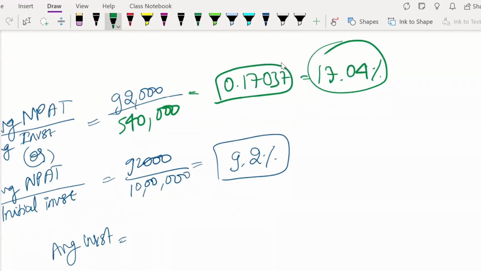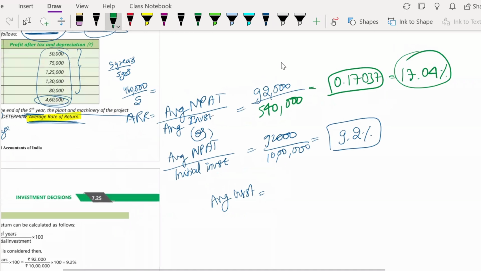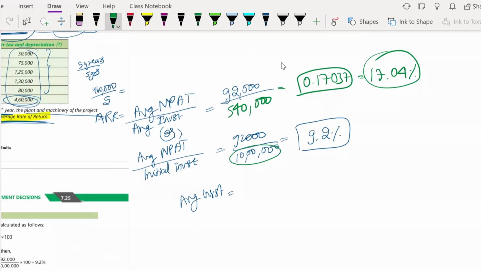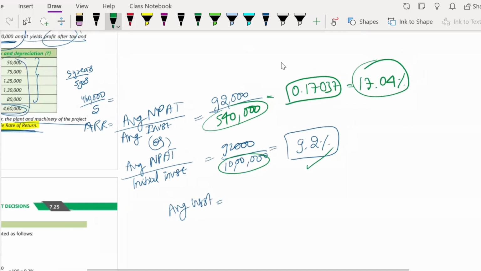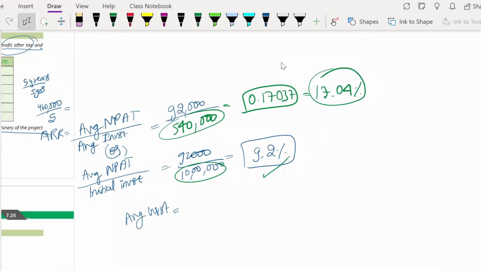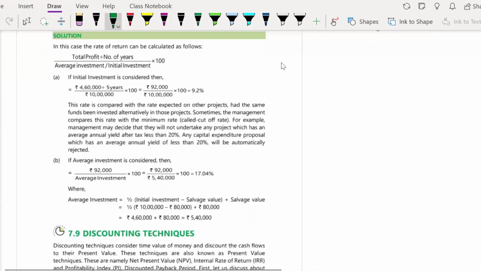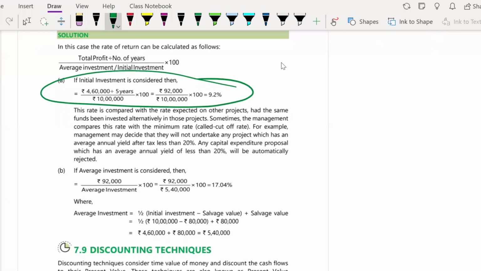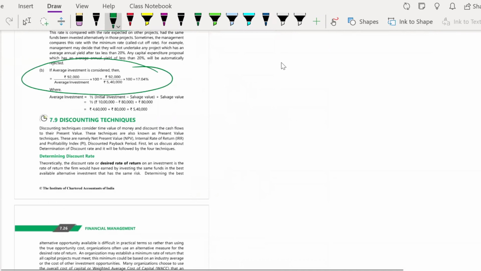Okay. So it means that you are getting an average rate of return. If you invest 10 lakh rupees, it will be 9.2%. Here, since you are taking average investment, we got to know that our average rate of return is 17.04%. So if you can see, we have solved by both the methods, 9.2% and 17.04%. So solve by both the methods and come in your examination.